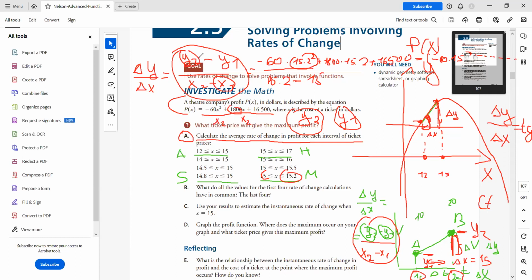This is for my y2 value. For my y1 value, I would substitute x1 after 1800 and x1 after negative 60. Does it answer your question? Yeah, thank you. No problem. Thank you for the question.